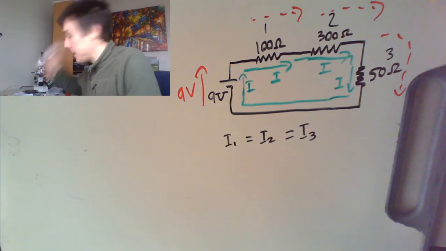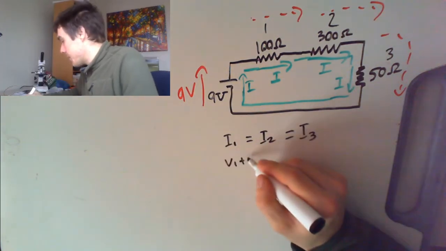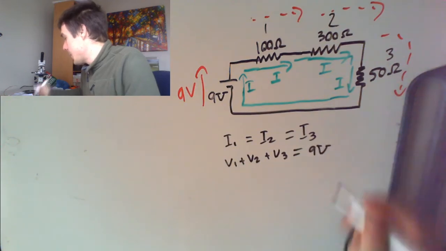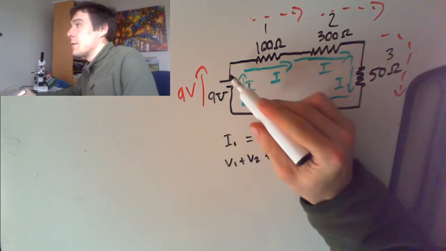So V1 plus V2 plus V3 has to equal 9 volts, because they're coming back to the same place and then going up by 9 volts.